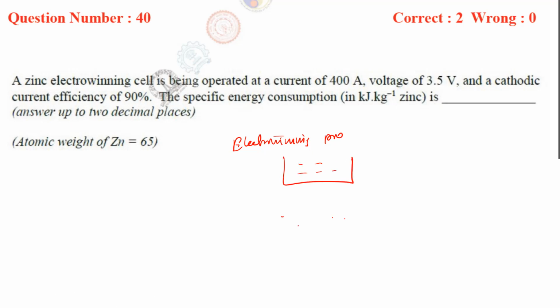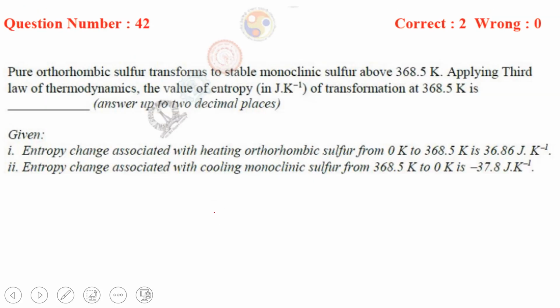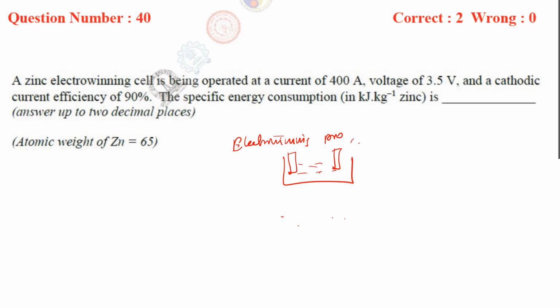Like this is the solution and it has ions. We place an anode and a cathode, and at the cathode the reaction taking place is Zn2+ plus 2 electrons equals Zn. The current passing here is 400 ampere and the voltage is 3.5 volt. It is clear from here.